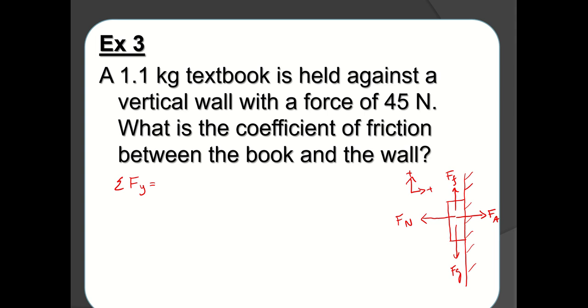So we have the force of friction in the positive direction, and gravity pointing down. This is not moving, so the acceleration is going to be 0, because it's held against the wall and not in motion. So we can write the equation and say this is 0. Therefore, Ff is going to equal Fg.